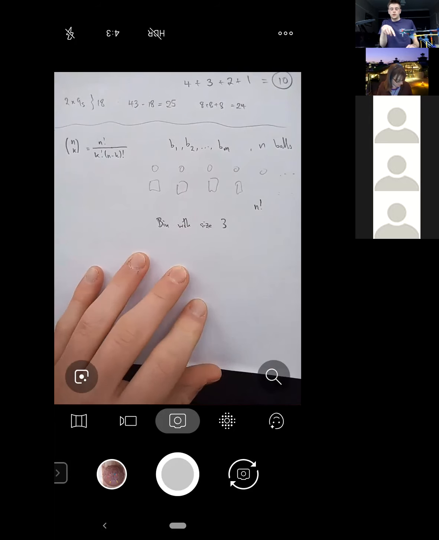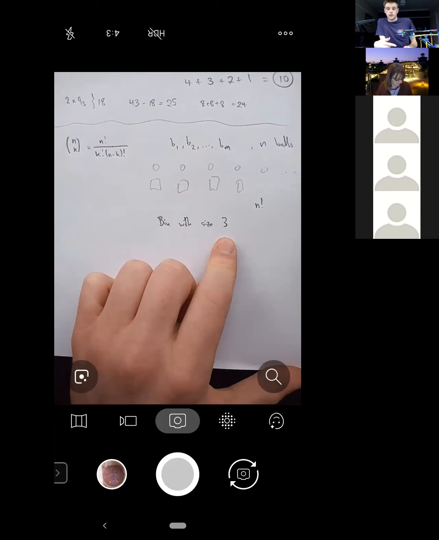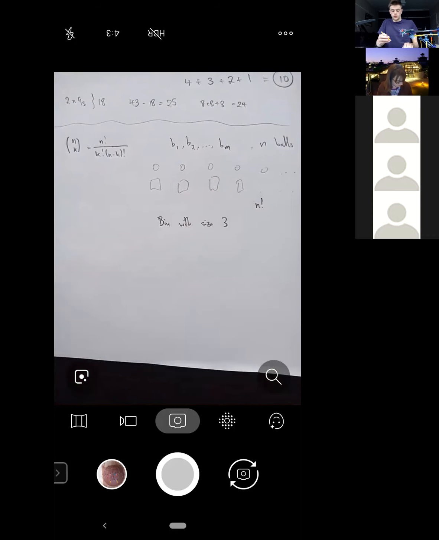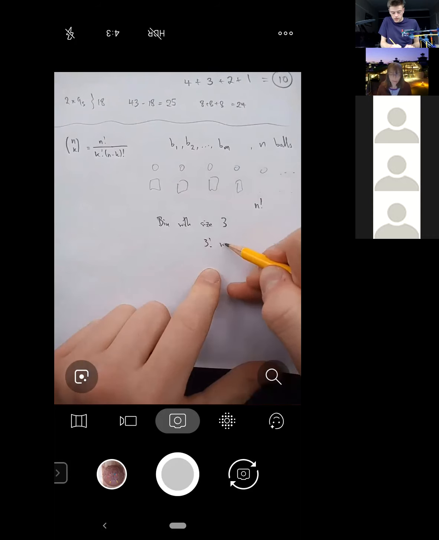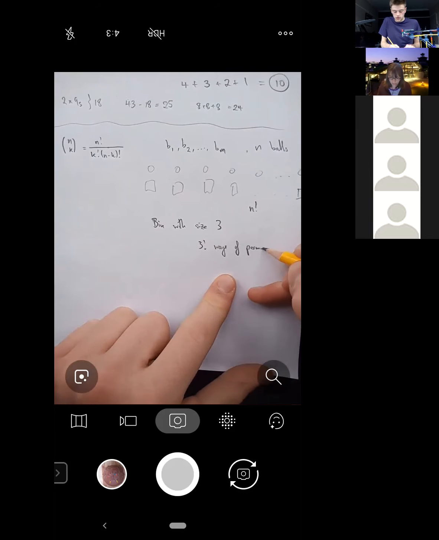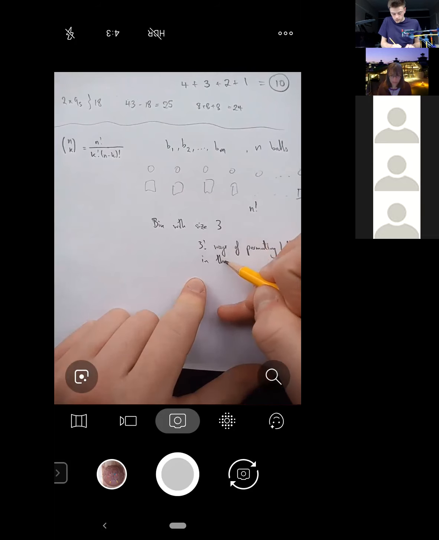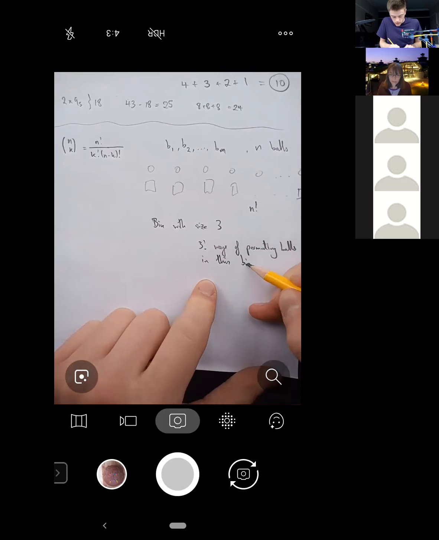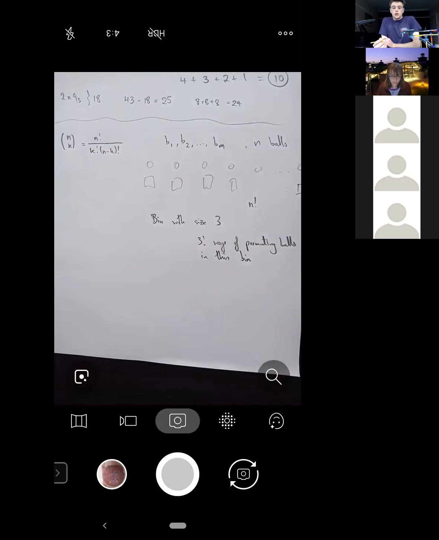Now, I've counted this 6 times because there are 3 factorial ways of permuting the balls in this bin, and 3 factorial is 6. So if I want to correct for this overcounting, I need to divide by 3 factorial. And I need to do this for all the bins.